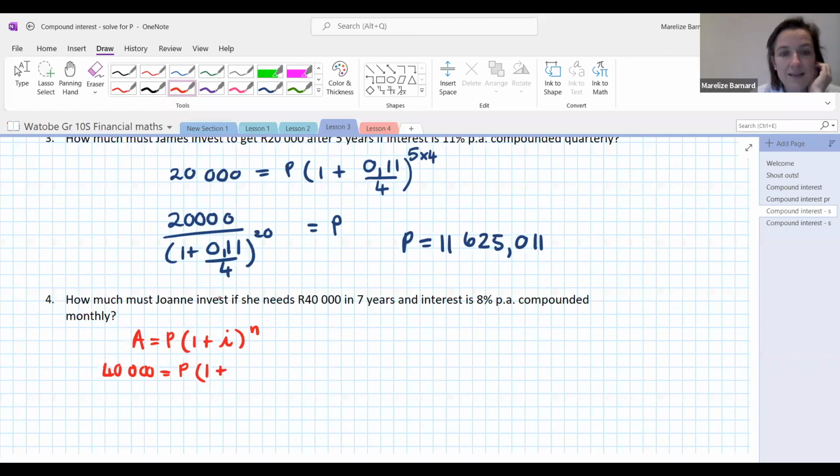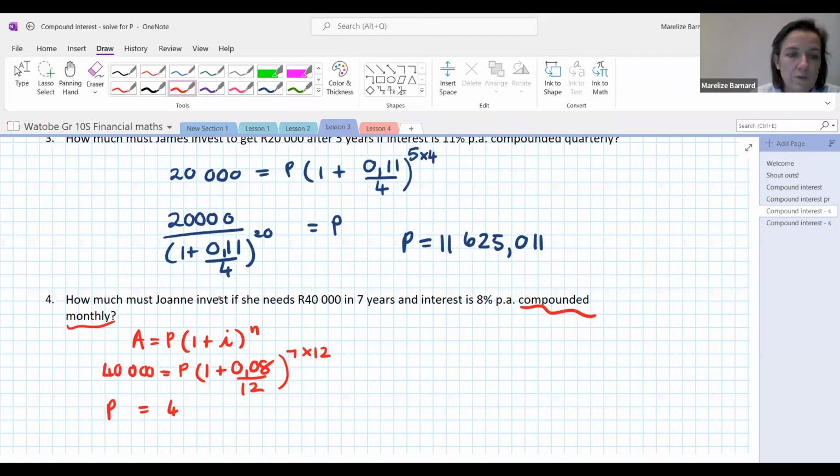Okay, 1 plus our interest rate is 0.08. We're compounding monthly, so we must divide by 12, and then we must times our years by 12 as well. So it's a times and a divide, times and divide, times and divide.